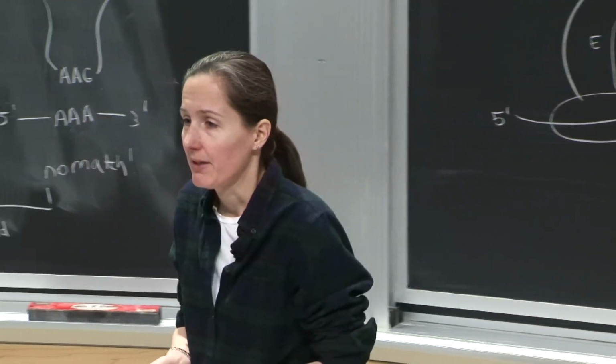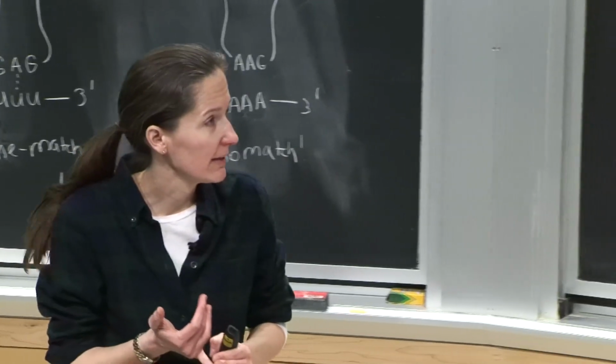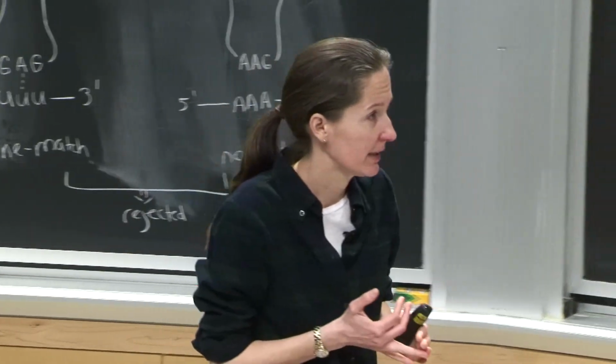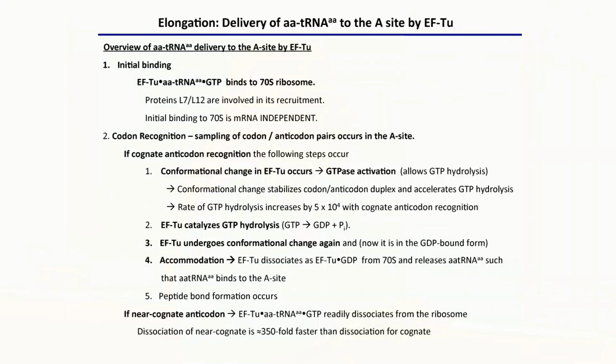And so what happens if there's a cognate event or a non-cognate event? If a cognate anticodon recognition event occurs, there's a series of steps that then happen. With a cognate codon-anticodon interaction, there will be a conformational change in EF-Tu, and this activates the GTPase center, which allows for GTP hydrolysis.